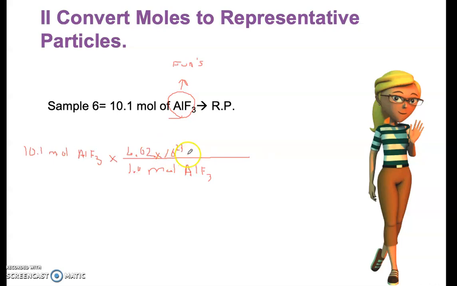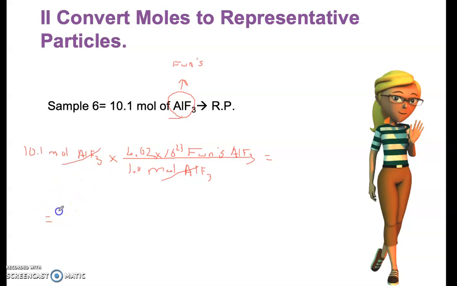Okay, now we have to write funds here because it's an ionic compound, AlF3. Okay, so mol cancels out, and that's it. 10.1 times 6.02, we're looking for 3 sig figs.